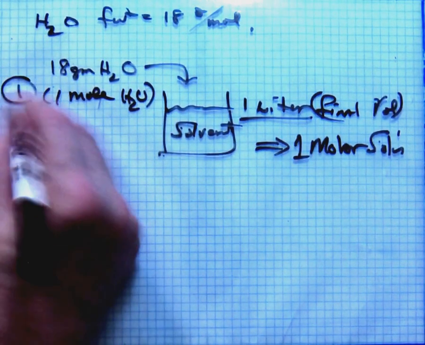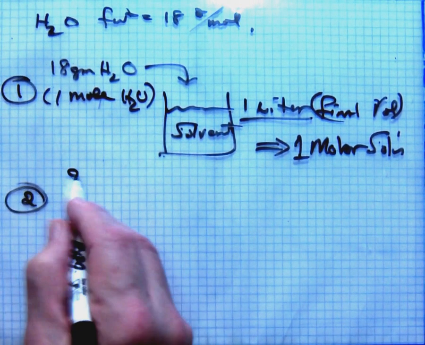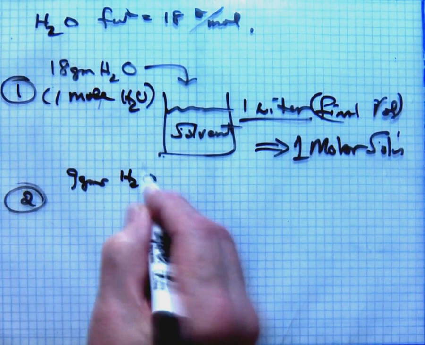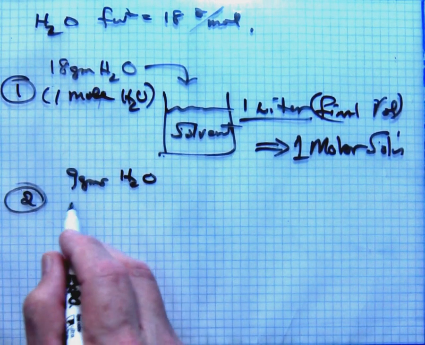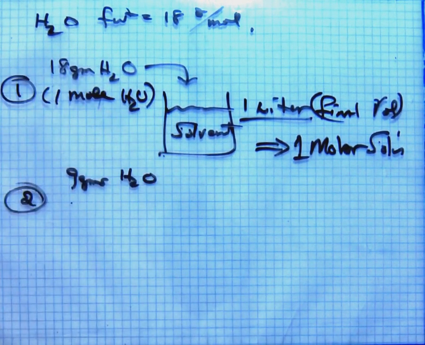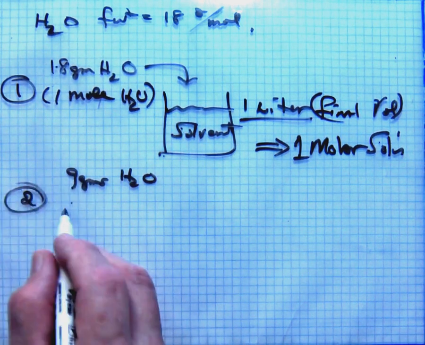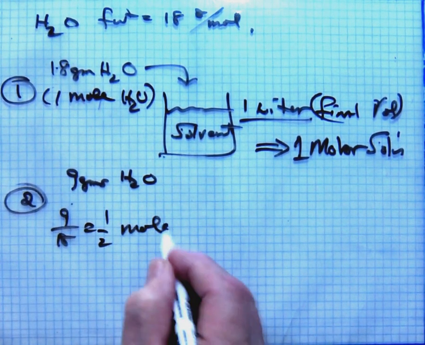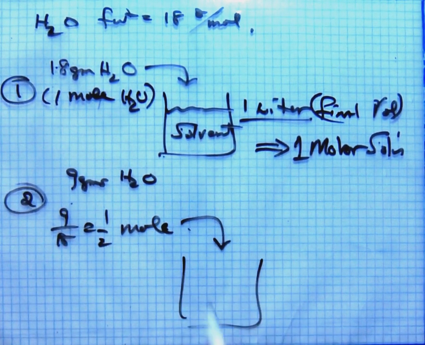Now, this is case 1. Now case 2: if I took 9 grams of H2O and put it in that alcohol, I have 9. How does 9 compare to 18? Half, isn't it? It's half molar now. You see? So 9 out of 18, or 1/2 mole, goes into my mixing beaker.